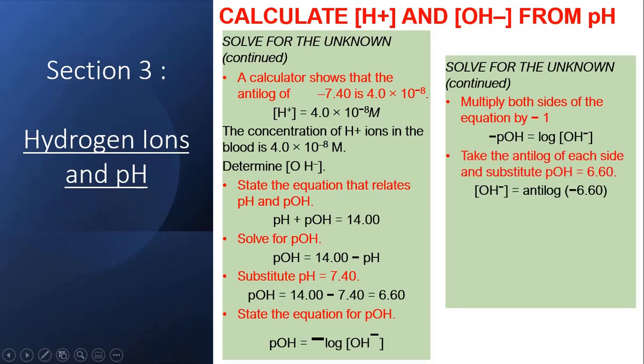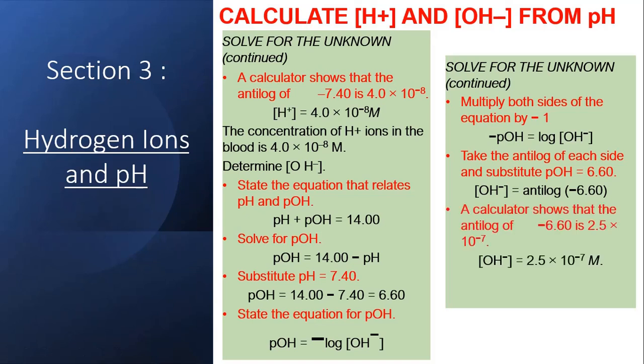There is another way. We will say that the concentration of H positive multiplied by concentration of OH negative will be equal to 10 to the power negative 14. If you get that, you will know that OH negative will be 2.5 times 10 to the power negative 7. If you have both these two values multiplied by each other, you will have 10 to the power negative 14.